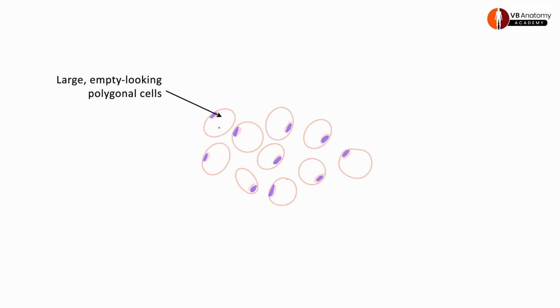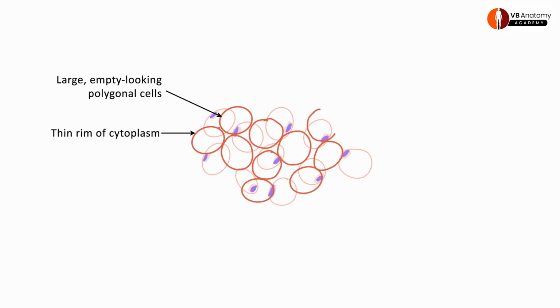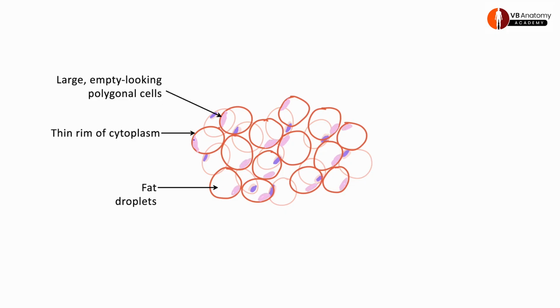So now let's draw the next lot of fat cells. Adipocytes, as they are so beautifully called. Draw again the cytoplasm at one edge. Draw the nucleus, flattened nucleus at one end.